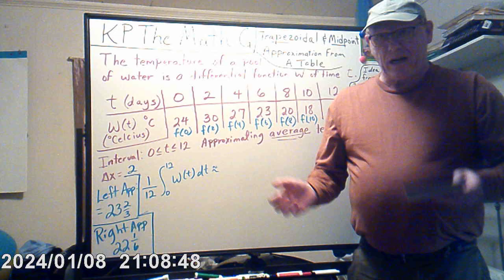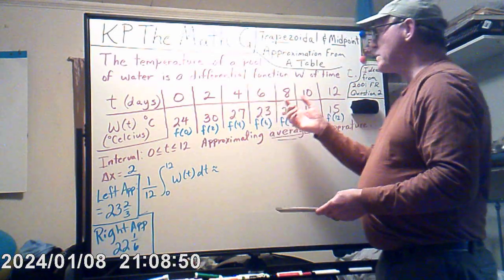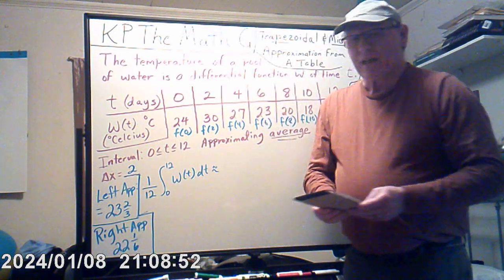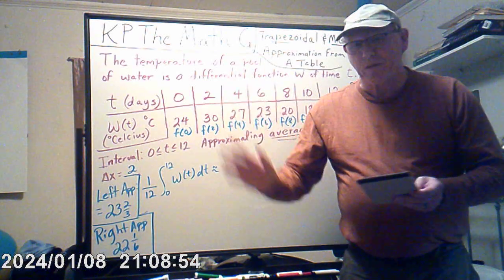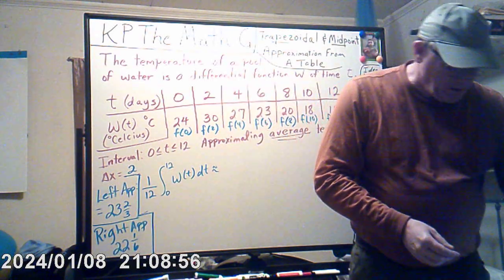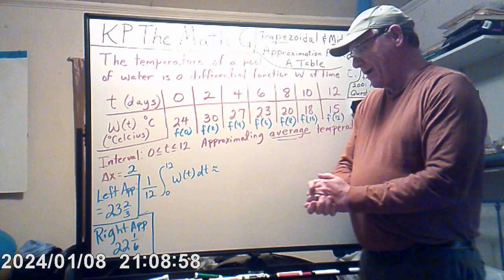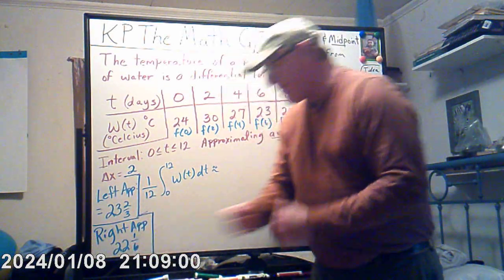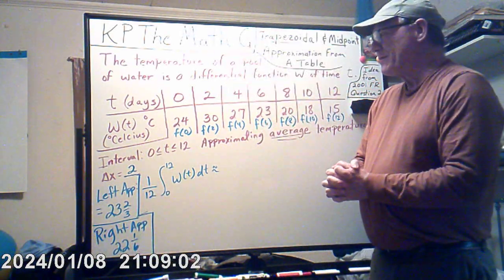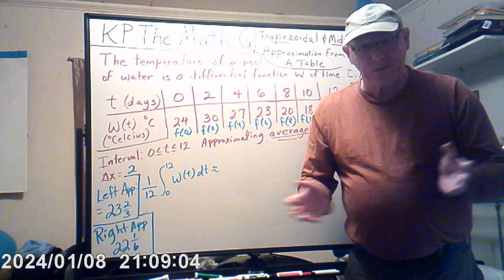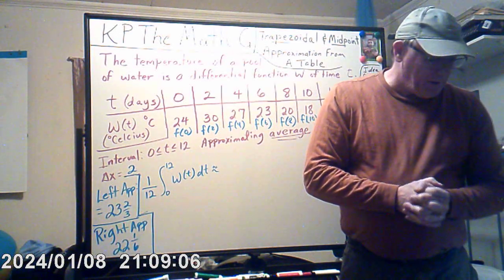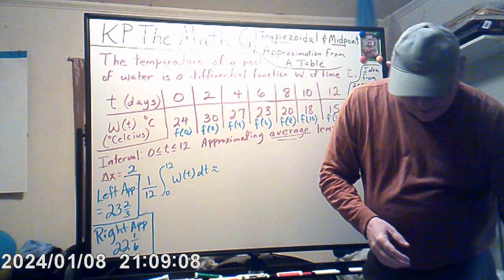It's a very accurate approximation, and we're going to see if we get that. And if we don't, well, I either messed up here or here, but we'll see what we get. Alright, let's go ahead and get started.